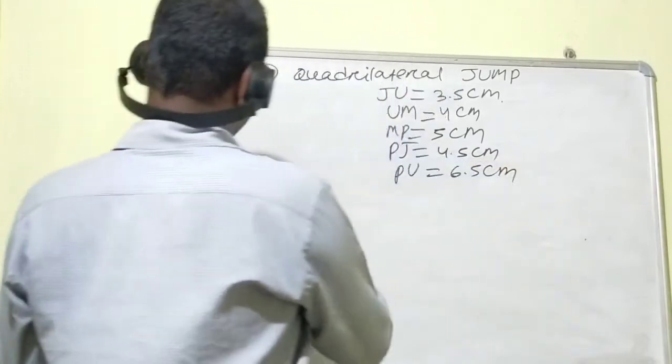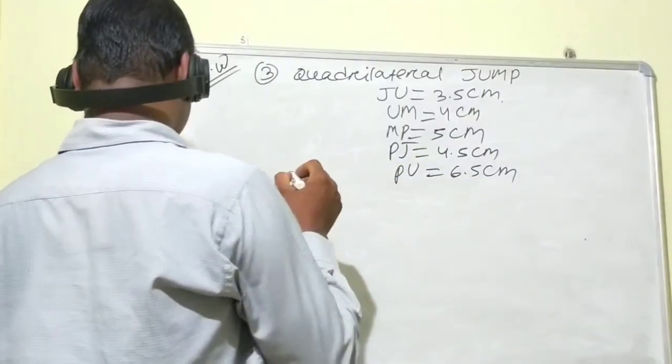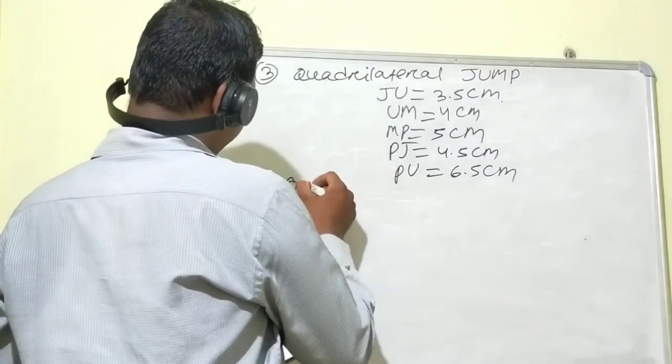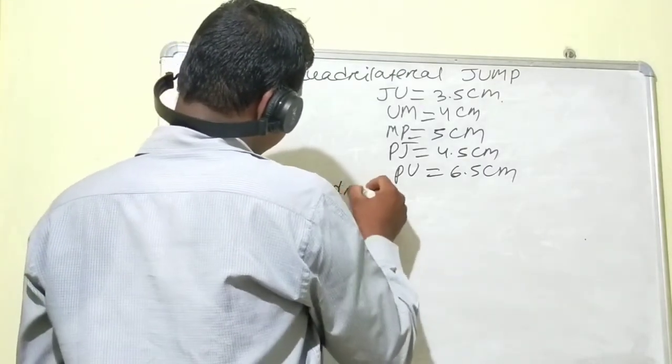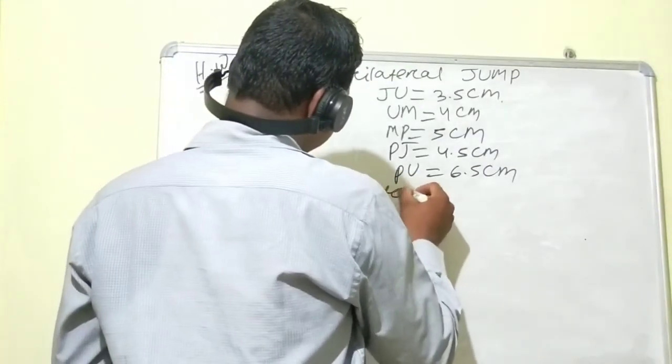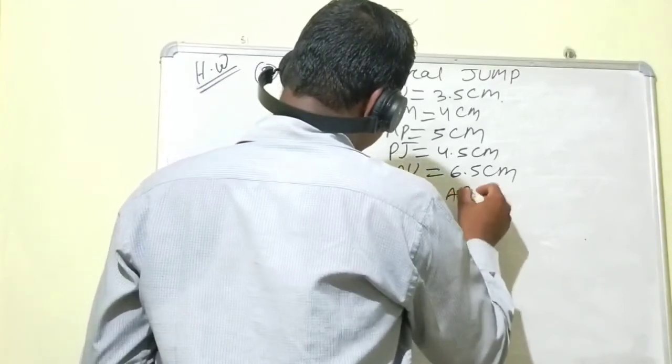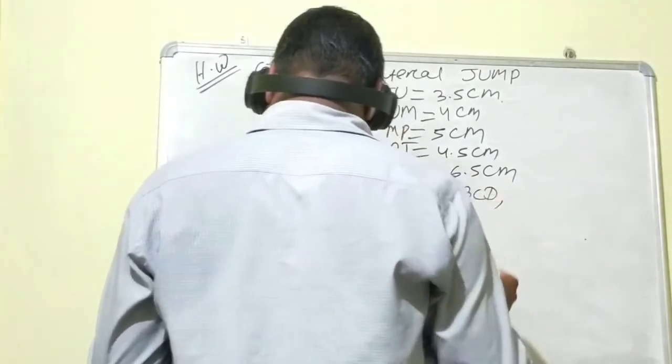Then the next question is quadrilateral ABCD. What is given for ABCD?